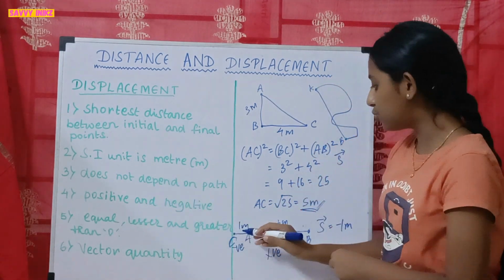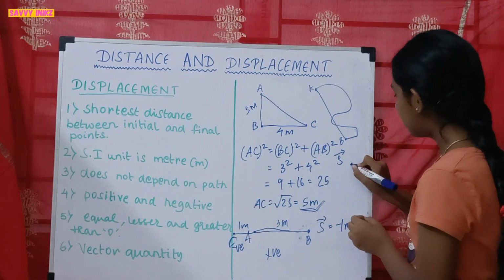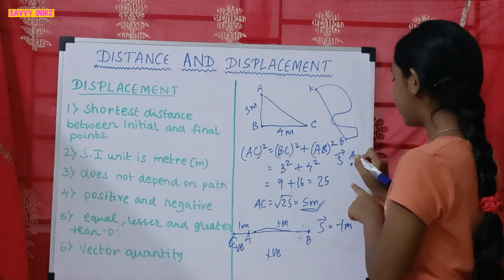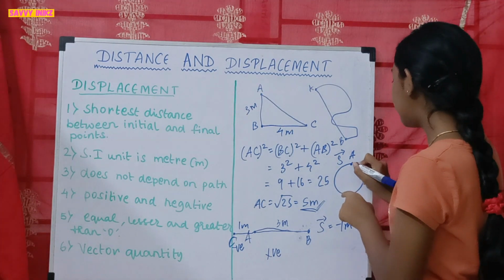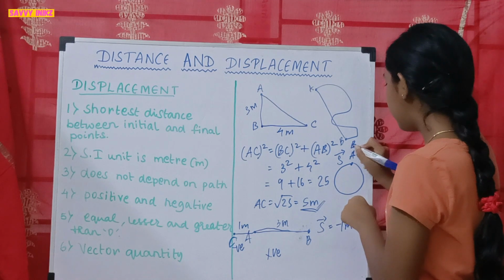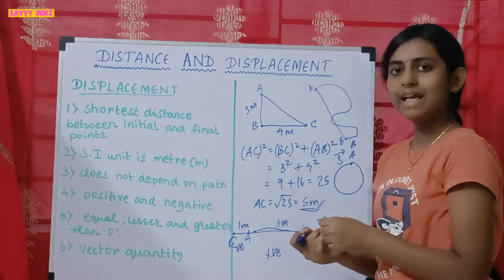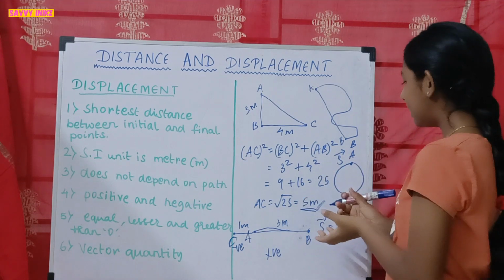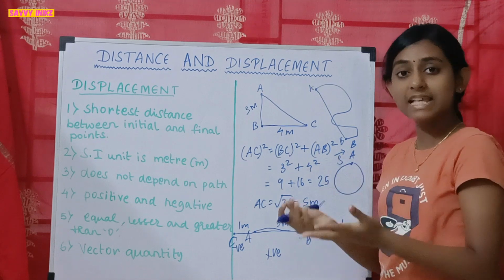Now it's equal to 0 in a case like this. I am here and I am traveling in a circle and reaching back to the same point. You can see that my starting point and my final point are in the same place. That means the shortest distance between my initial and final point is 0.